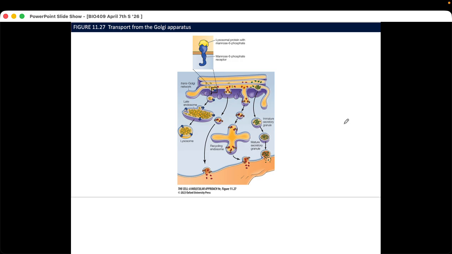So it's in these vesicles where there's more stuff going on, like traffic directions. This is where the lysosomal proton pump is recognized as having mannose 6-phosphate on it, and it's like, go this way, don't go to the cell membrane. And just to distinguish that, these vesicles here are called endosomes.